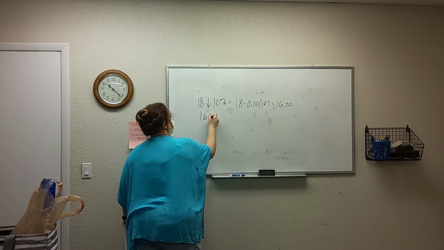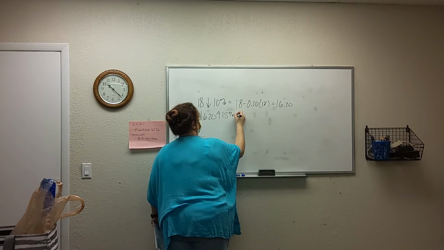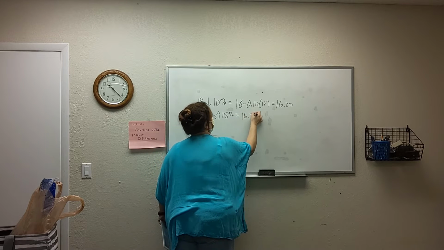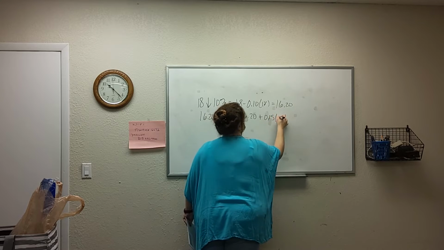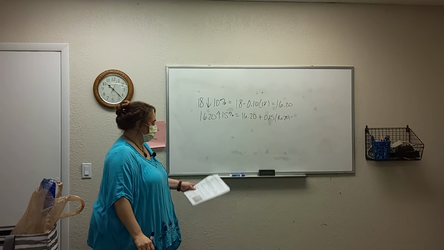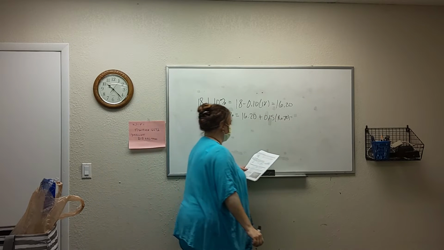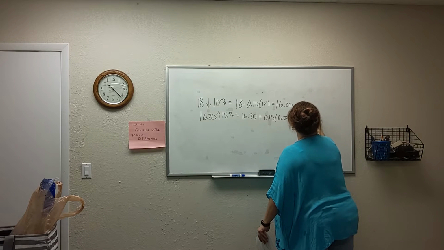We are now at $16.20, and this guy is adding 15% on that instead of on the original 18. So this plus 0.15 times 16.20. If we do that, we should get $18.63. I got a little dyslexic there. There we go.